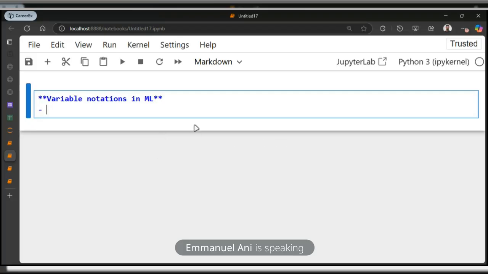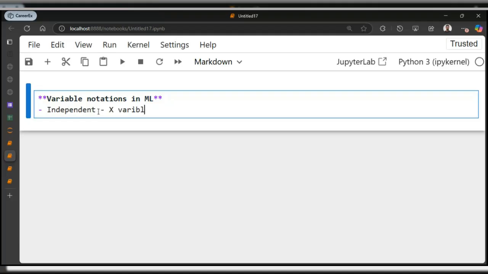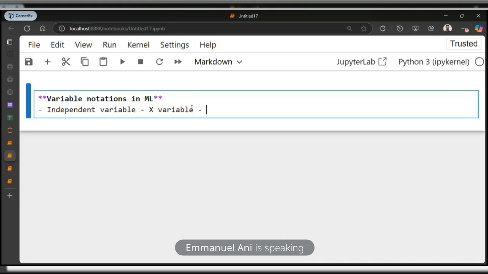So we have independent variable, which can also be called the X variable, and it can also be called features.